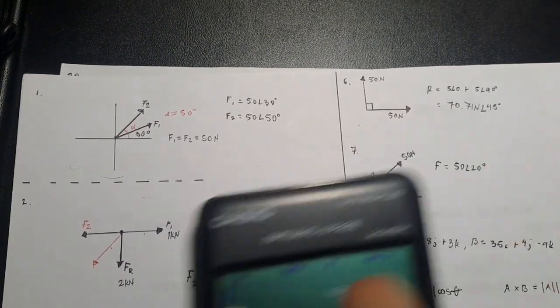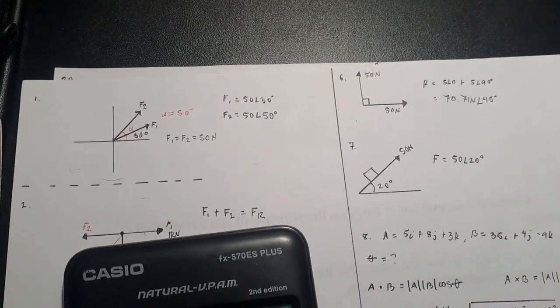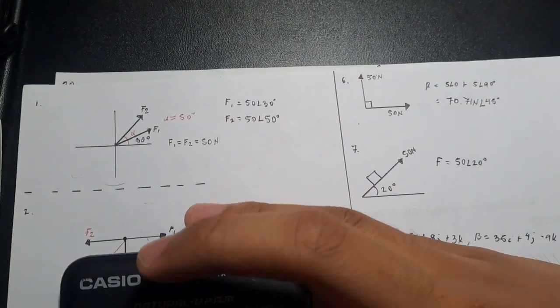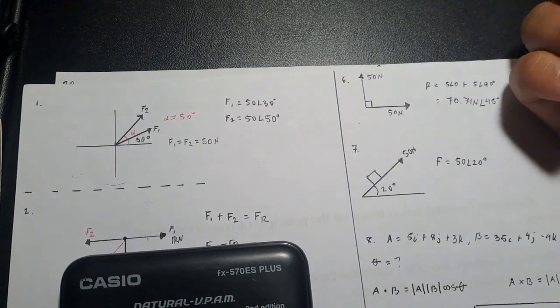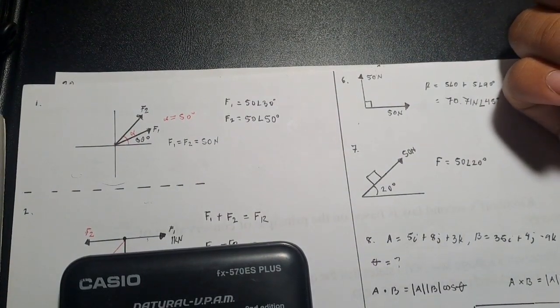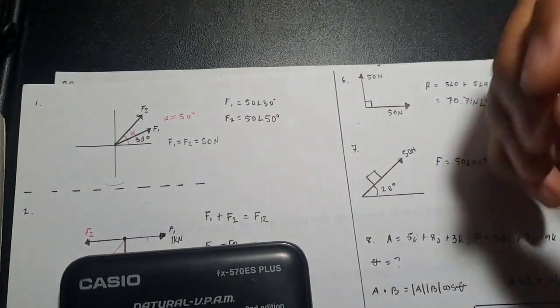So let's have number 8. If you're given two vectors, vector A is 5i plus 8j plus 3k, and ang vector B mo is 35i plus 4j minus 9k. What is the angle between the two vectors?